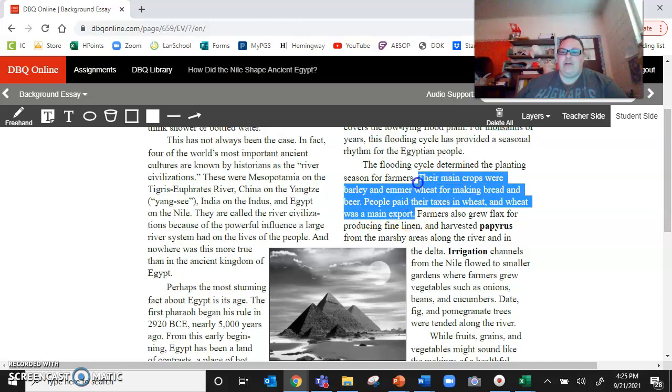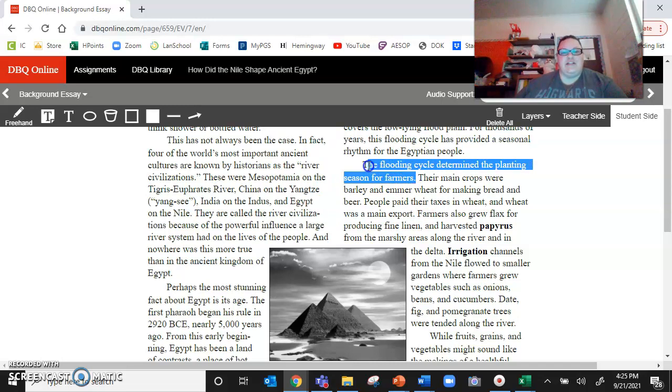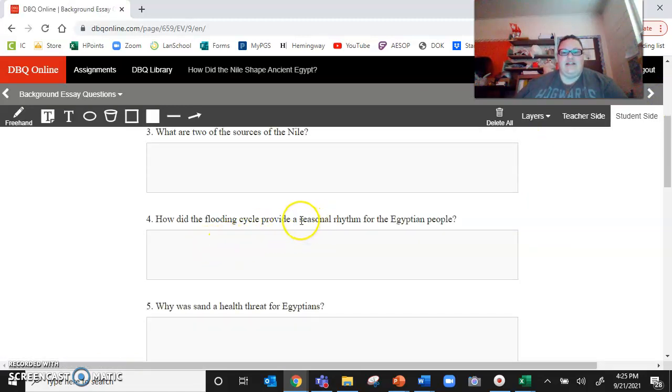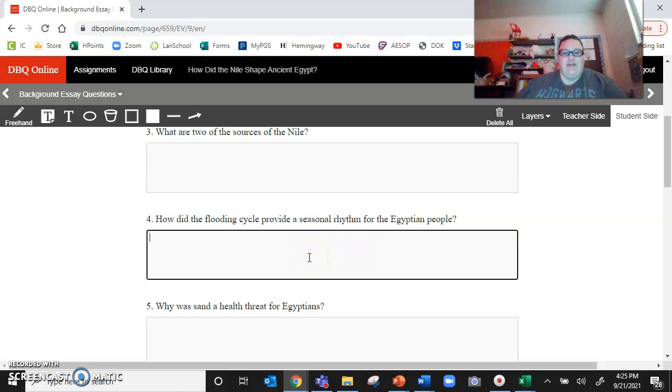Well, at this point, we're talking about farming, but the first sentence, that really helps us. The flooding cycle determined the planting season for farmers. Does that tell us the seasonal rhythm? Yeah, they had the planting season. So what rhythm did that get people into?